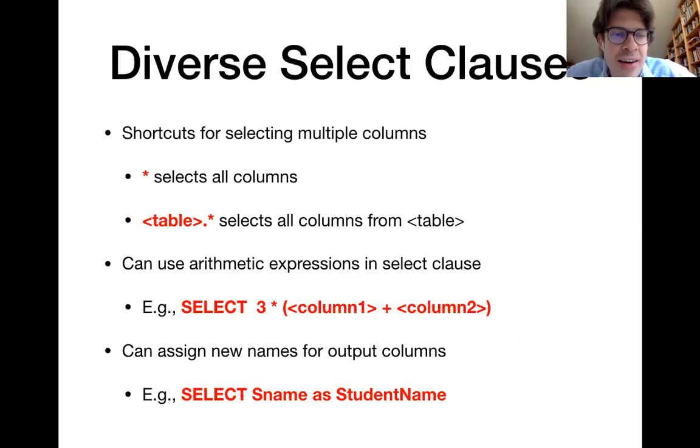So the star operator in a select clause essentially means that you want to retrieve all the columns that you have in all the tables that you selected in the from clause. You can make it more specific by writing a table name dot star, and then you retrieve only the columns for one specific table.